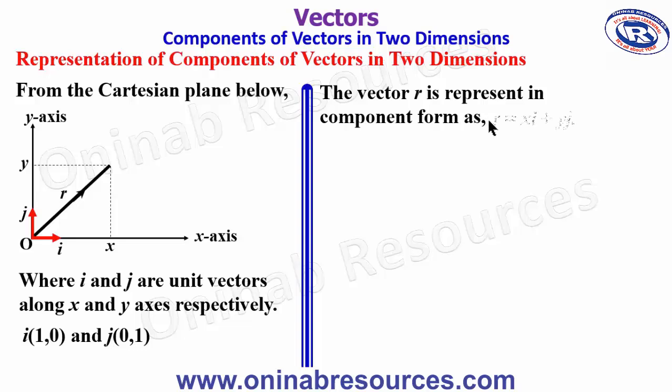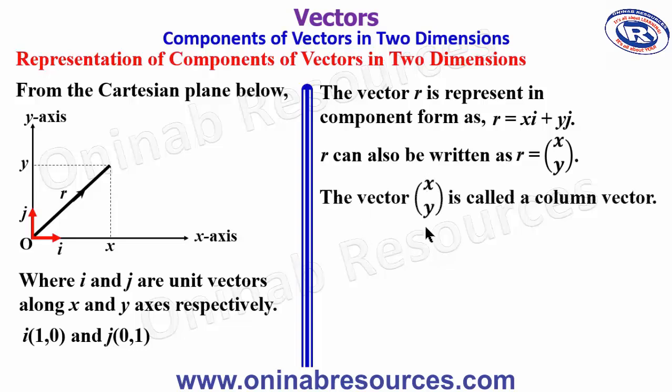component form as r equal to xi plus yj. So this is xi plus yj. This is the i component and this is the j component, where x and y are scalars. For information, r can also be written as r equal to (x, y) in column form.